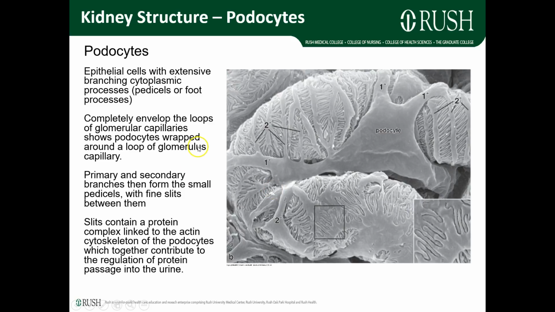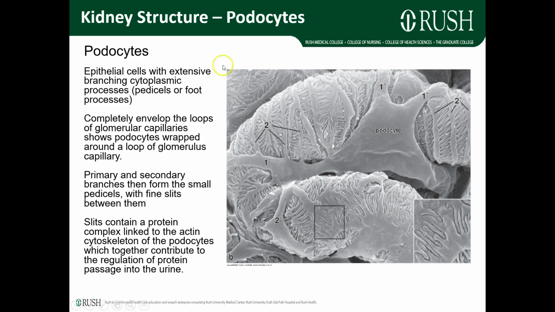One thing that we should really be focusing on is these cells, which are podocytes, which are present on the visceral side of the glomerulus, and they form these extensive branches, which are referred to as pedicles or processes, which completely cover the blood vessels or capillaries of the glomerulus itself.